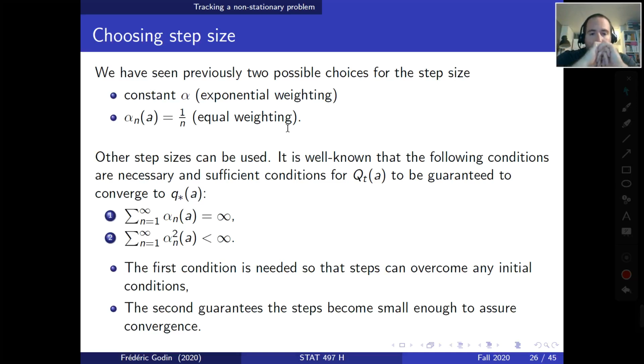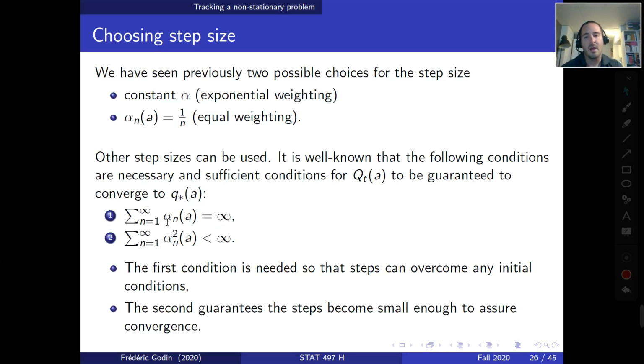In the literature, necessary and sufficient conditions were discovered to ensure that Qt, our estimate of the expected reward of action A, is guaranteed to converge to the true expected reward for action A, q star(a). So these conditions are the following. To ensure that your estimate will eventually converge to the true value, two criteria are needed in theory.